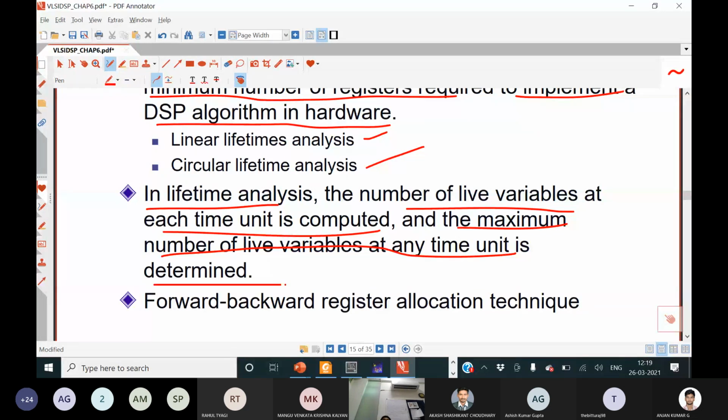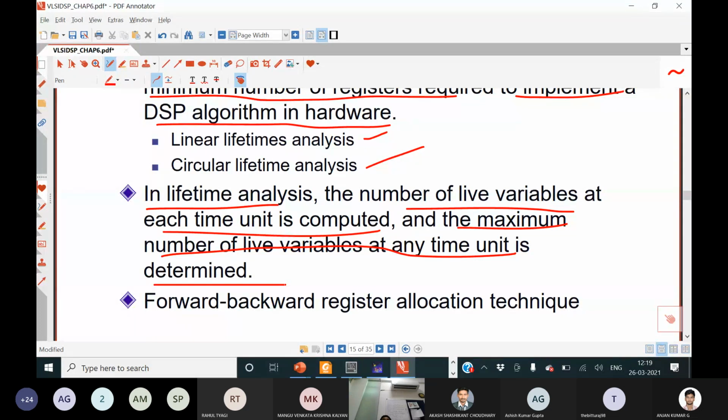Okay. So what we do is find out the number of clock cycles, and in each particular clock cycle, how many registers I require in order to perform the functionality. I will repeat this for all the clock cycles. Live variable means the number of registers I require.